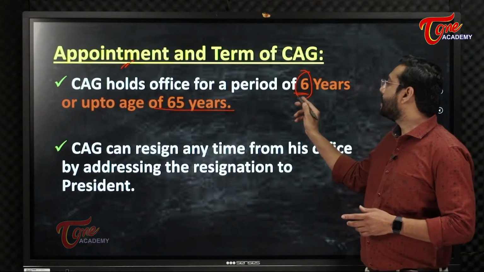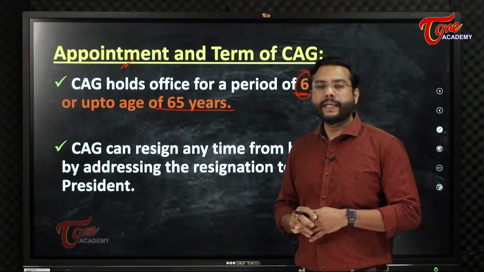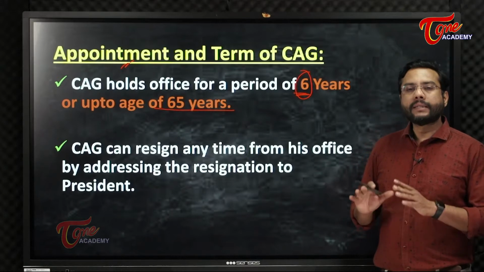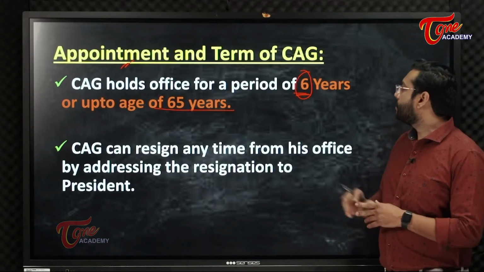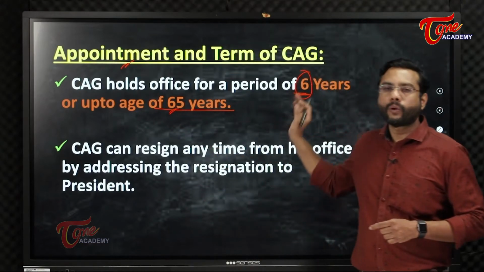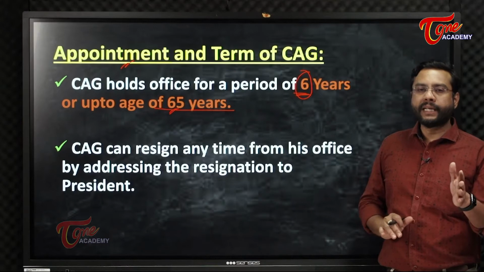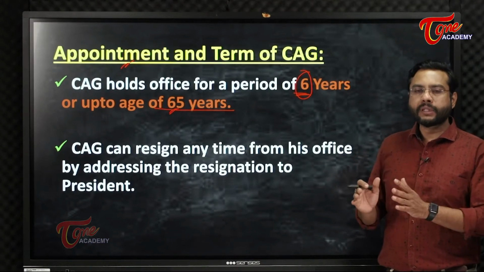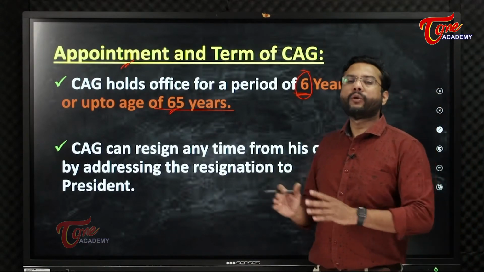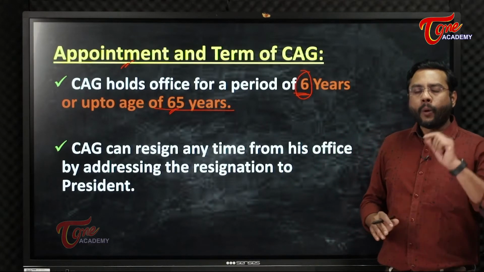So the 6 years is not fixed in any extraordinary conditions. Otherwise, the CAG will hold office for 6 years or until he reaches the age of 65 years. We can also expect a question here. We generally get confused that most of the offices have a time period of 5 years, but CAG has a term period of 6 years.